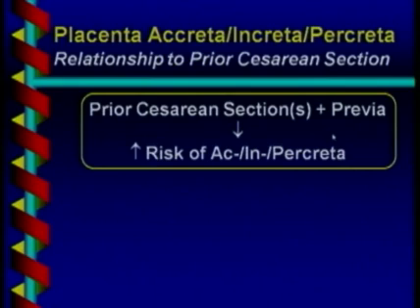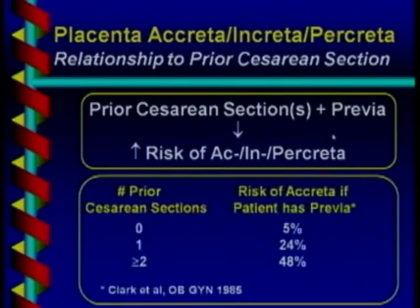In a woman who's had one or more prior C-sections in the past, and now she's pregnant again, and in her current pregnancy the placenta lies over the scar, which usually happens with an anterior placenta previa, then the woman is at substantially increased risk of an accreta, increta, or percreta if the placenta lies over the area of a prior C-section scar.